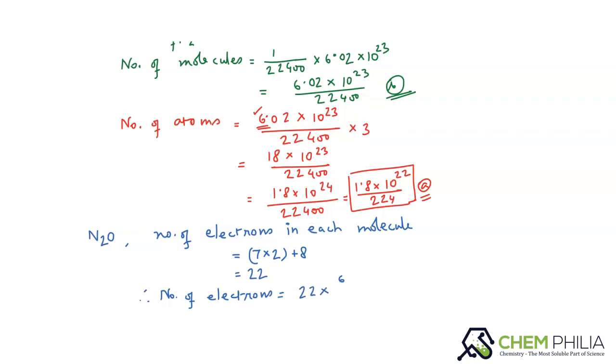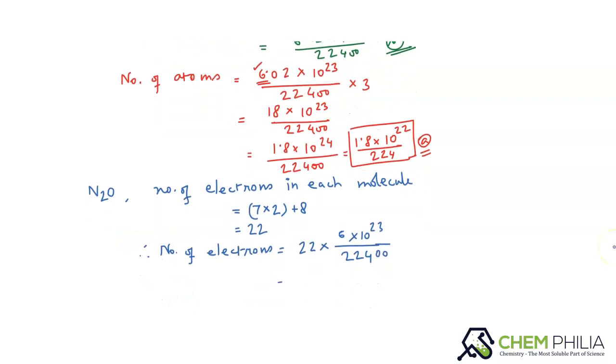The number of molecules is 6 into 10 to the power 23 divided by 22400; we can assume 6.02 to be 6. So it's like 132 into 10 to the power 21 divided by 22400, right?